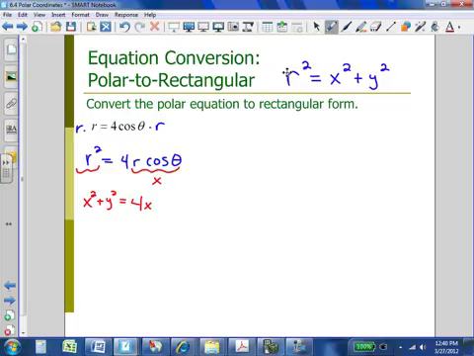I would not count this incorrect, but another thing you could do is say x squared plus y squared minus 4x equals 0. If it equals 0, that's always a good place to start. So there's that one into rectangular. We went from r's and thetas into x's and y's, and our strategy was to multiply both sides by r.